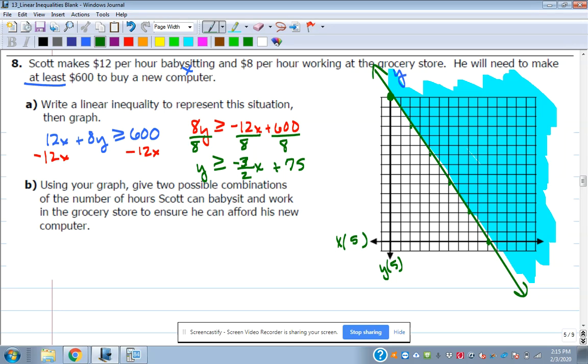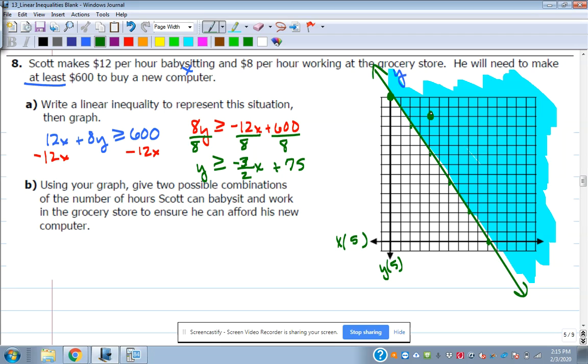So give me an ordered pair that you might want to use there. 5, 10, 15, 20, 25, 30, 35, 40, 45, 50, 55, 60, 65.